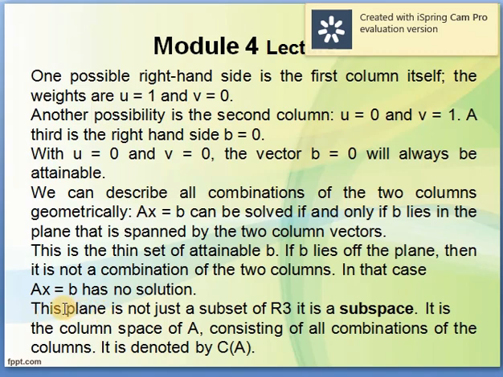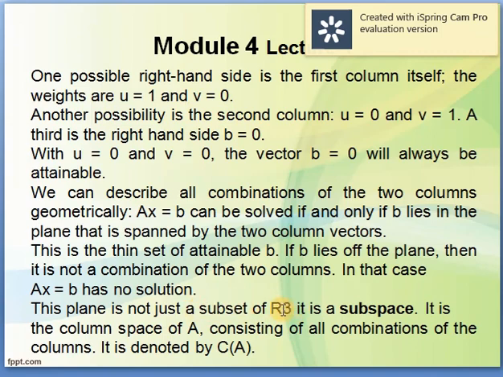Here, this plane is a subset of R3, because R3 can be any plane. It is one of the planes, and R3 entirely is constituted by such an infinite number of planes. So we can refer to this as a subset of R3.